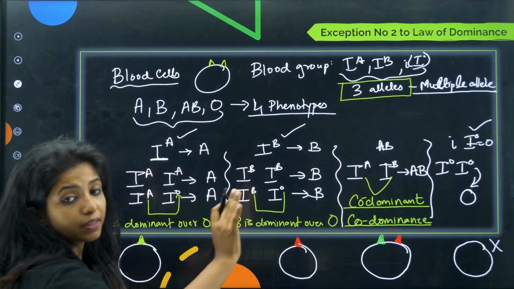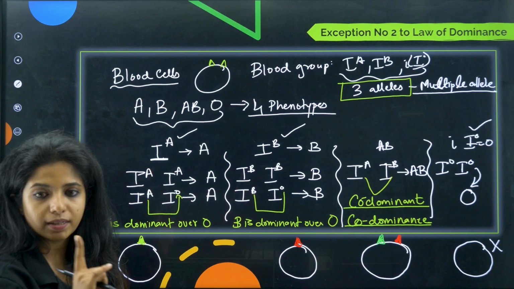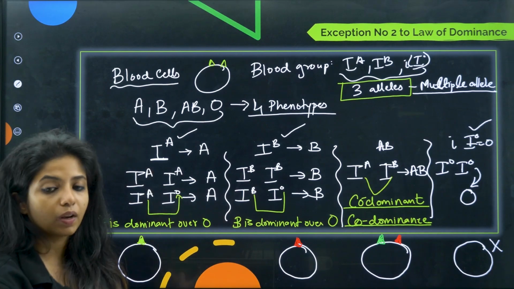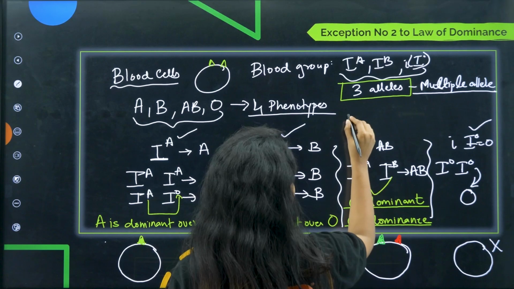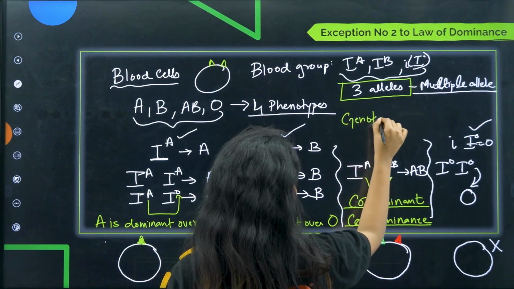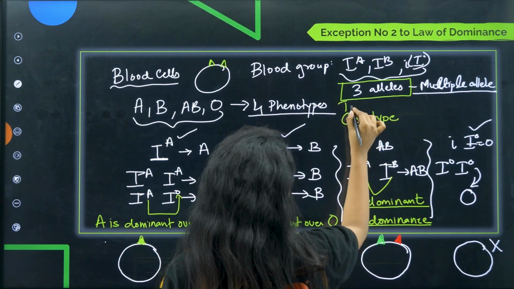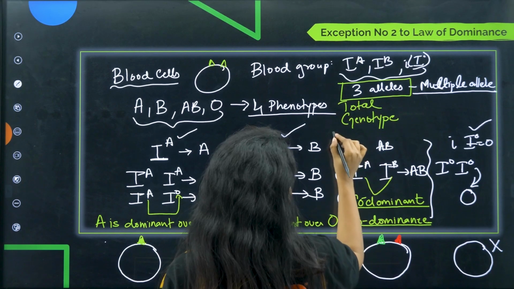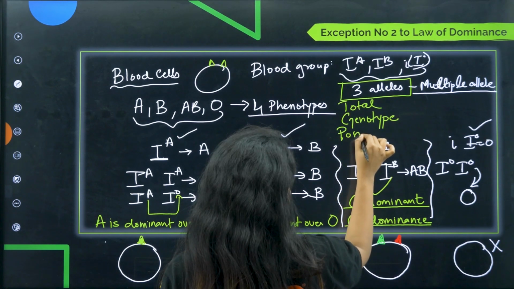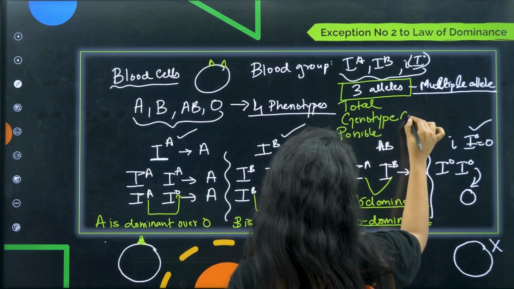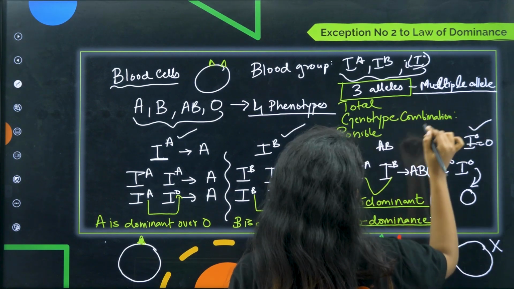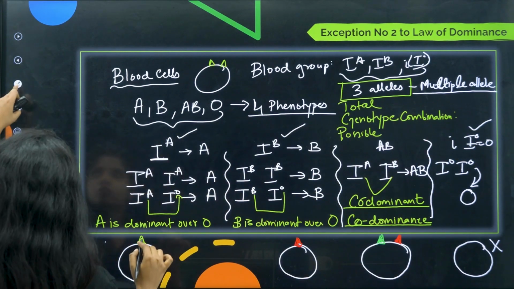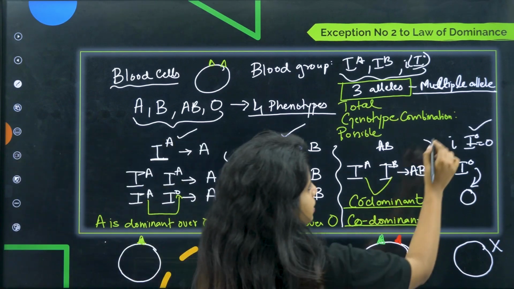How many phenotypes are there in total? 4 phenotypes. Either you can be A, B, AB, or O. Now, how many total genotype combinations are possible, children? 6.